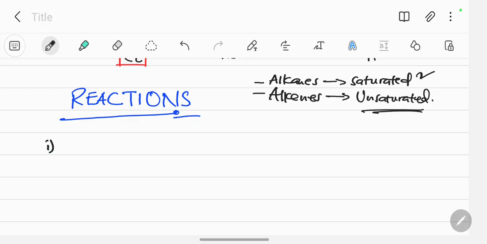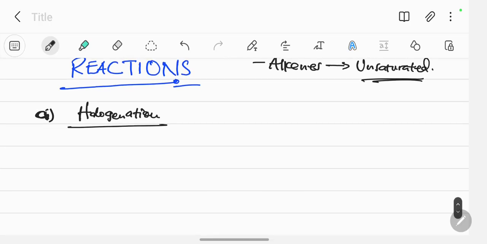So the first reaction we study is halogenation. You remember that we formed the alkenes through the hydrohalogenation. So we are going to see how alkenes react through halogenation.